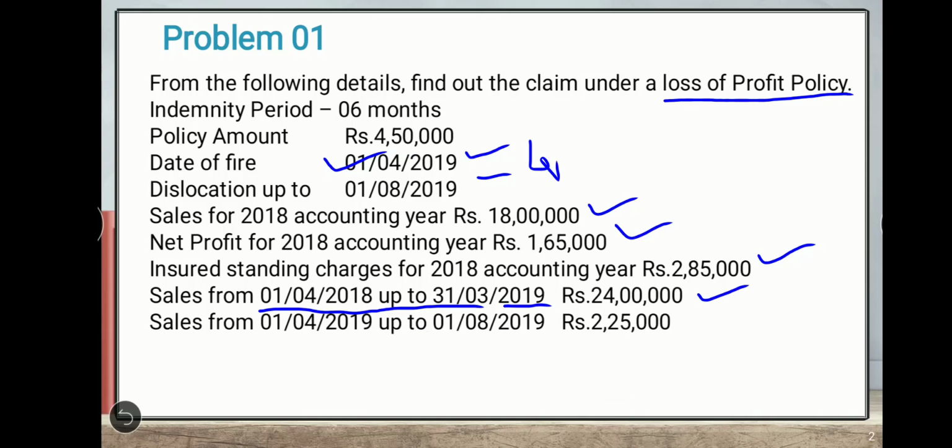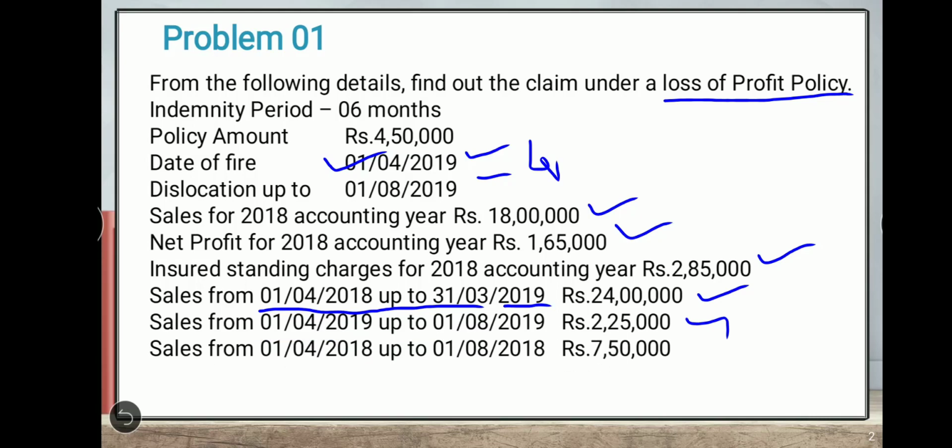Next, sales from 1st April 2019 up to 1st August 2019 are 2,25,000. So this sales is in the period of dislocation. Now the next one, sales from 1st April 2018 up to 1st August 2018.